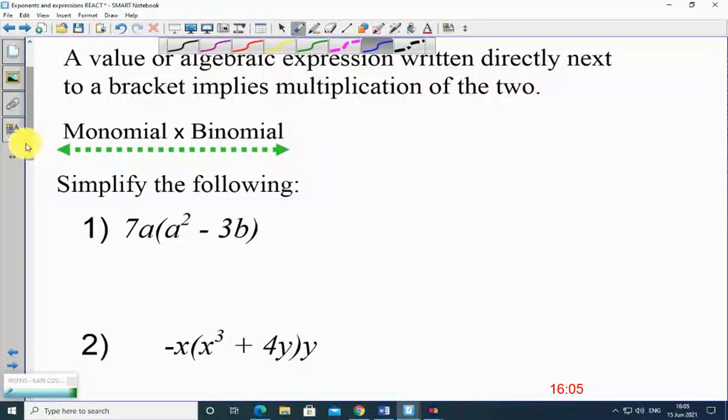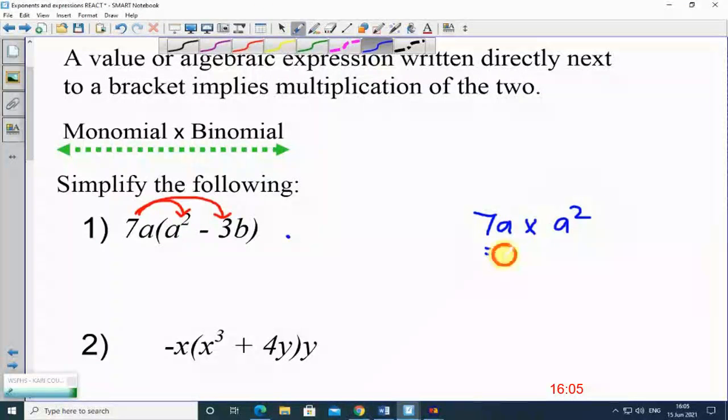So, if I want to multiply 7a times a squared minus 3b, it means the 7a must be multiplied by that bit, and the 7a must be multiplied by that term. Okay, so both the terms must be multiplied by 7a. And so, if you're not sure what to do, you can think on the side. We've got 7a times a squared.